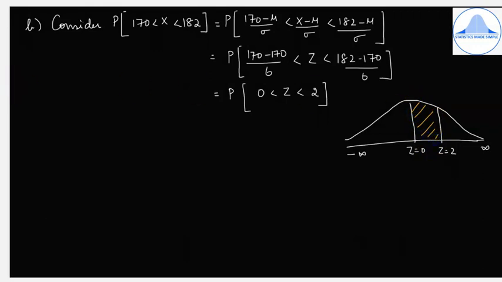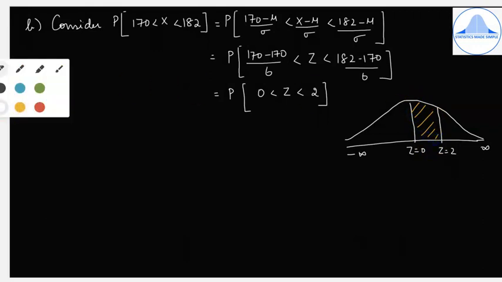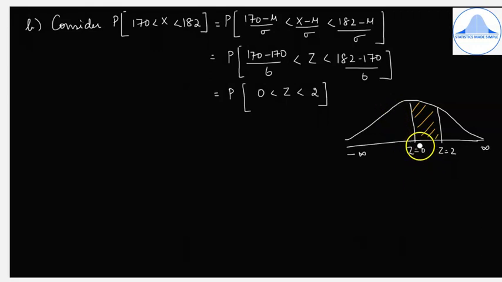Now our aim is to find the shaded area. How do we get the shaded area? Remember that we can find the area under the normal curve only from 0 to infinity, or from any other number to infinity, but we cannot find it from 0 to 2.